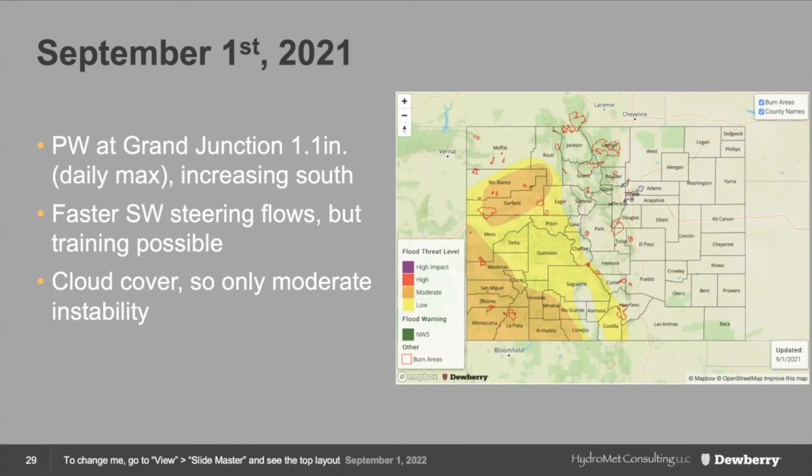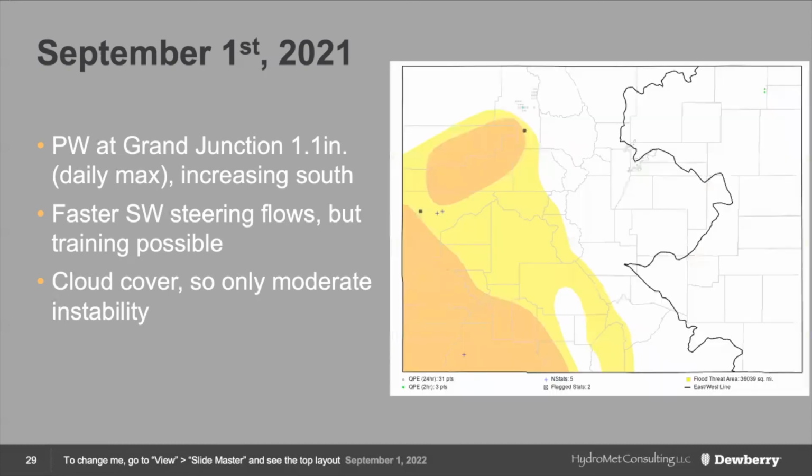And the outcome on this particular day was that there was plenty of rainfall to be had, widespread light to moderate rainfall, but those intensities never got to the intensities that we anticipated.